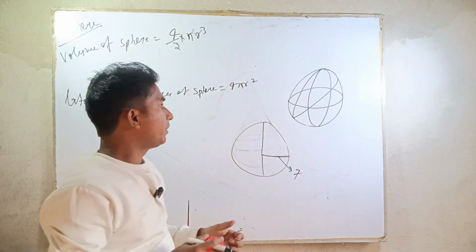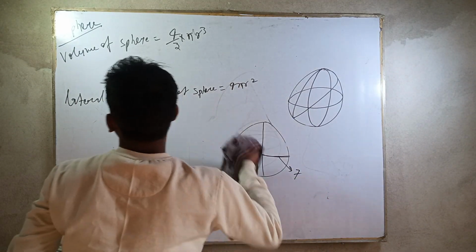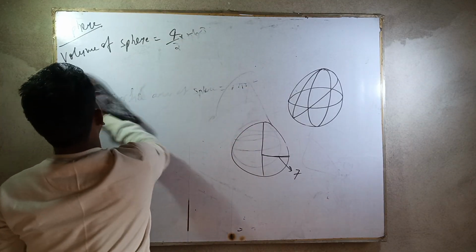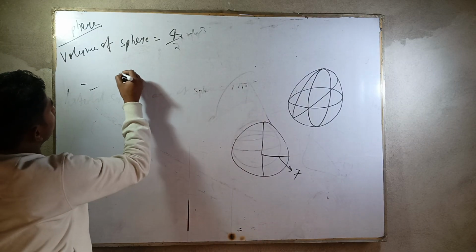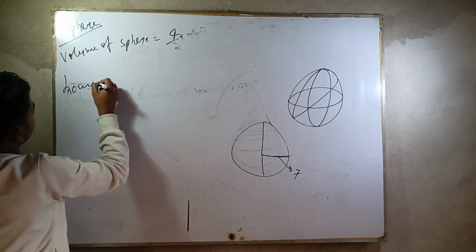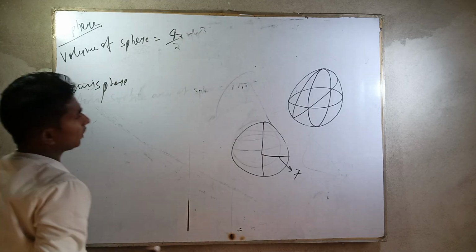Next one is the hemisphere. Hemisphere means if a sphere is cut in two equal parts, that is called a hemisphere.